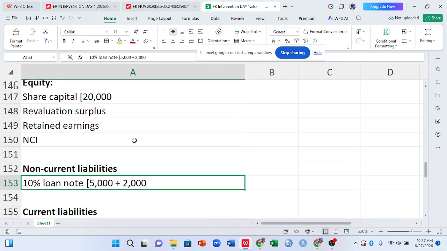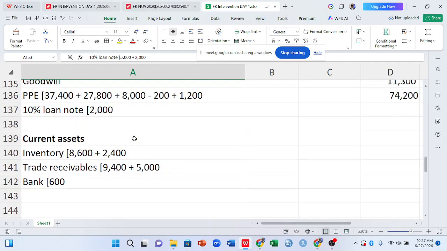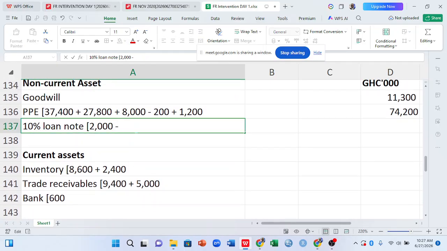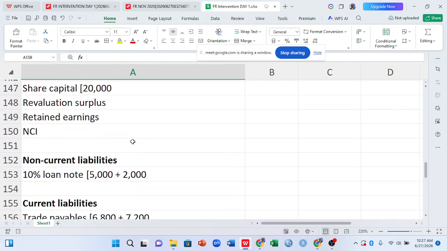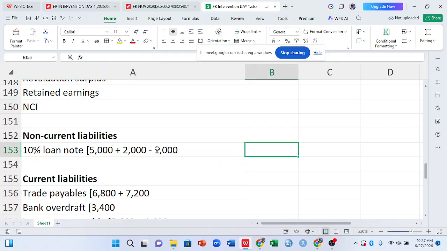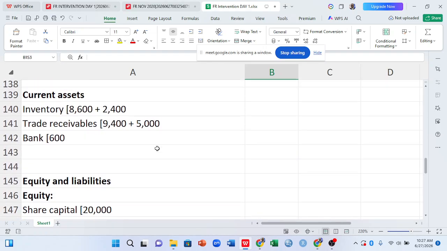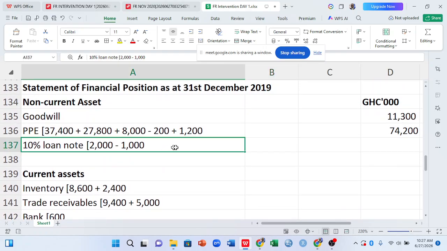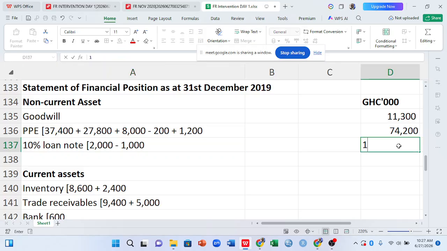So we need to less the values in that case. So we'll less 1,000 over here. Then when we come to this aspect, we less the 1,000. So 2,000 minus 1,000, what will we get? That'll be just 1,000. So we just bring it there, and then we sum this up.